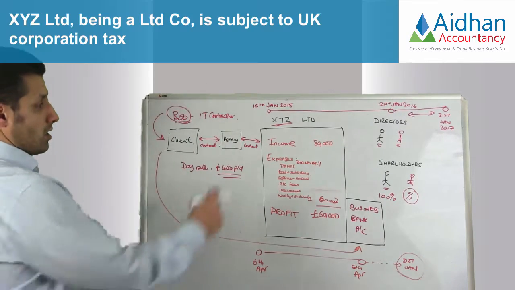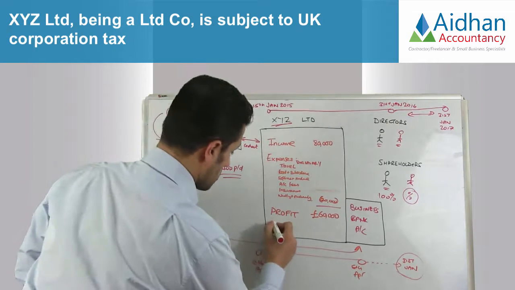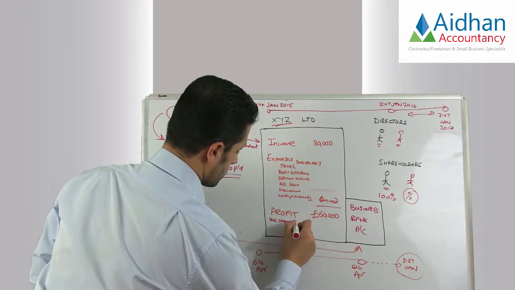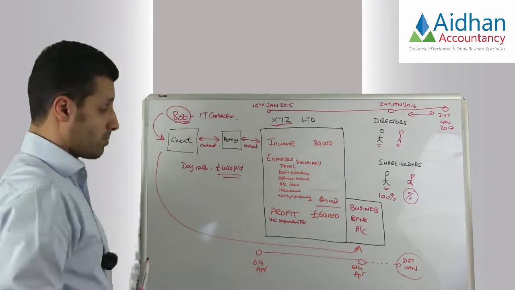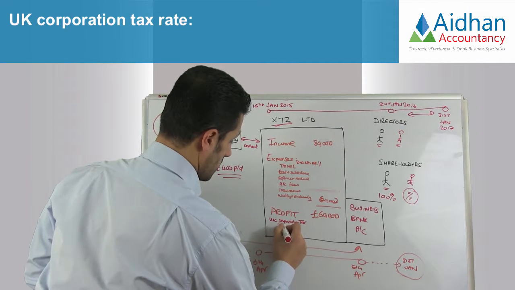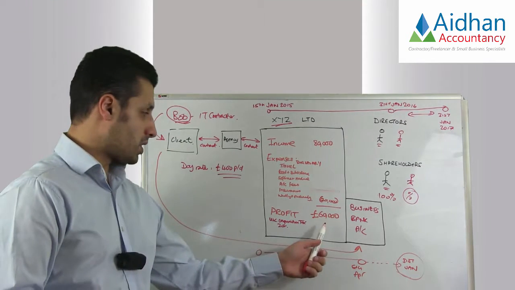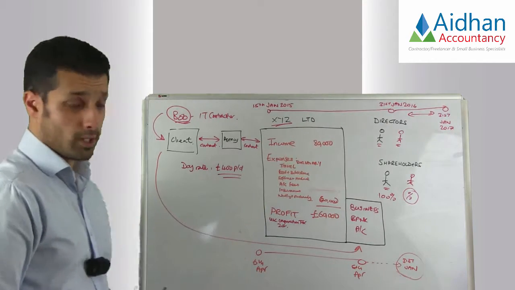Now, XYZ Limited, because it's a limited company, okay, is subject to UK corporation tax. And at the time of doing this particular presentation, the rate of UK corporation tax is currently 20%. Okay, so that means tax is only payable on the profit, okay, not the top line income.